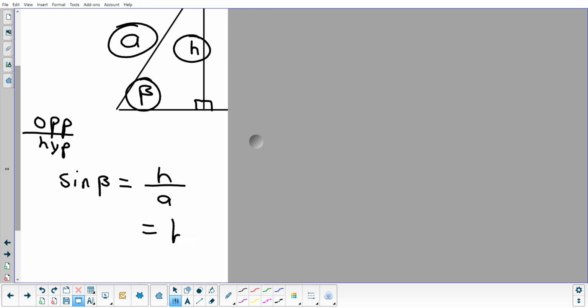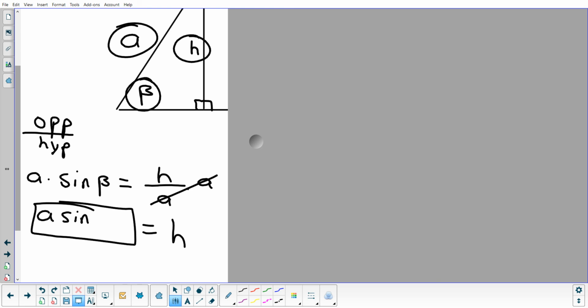Now, I want to get H by itself. So then I have a formula to find the height. Abigail, how do I get H by itself? Multiply sine beta by A. Yep. Going to multiply both sides by A. That's gone. Times A. And there's your formula for the height.